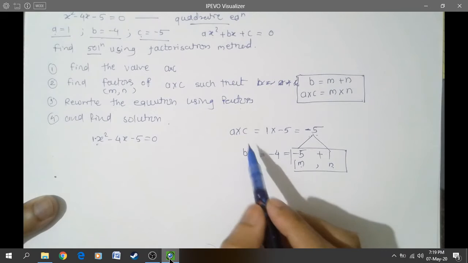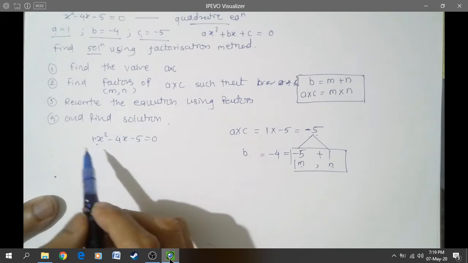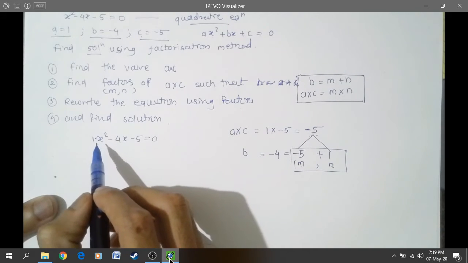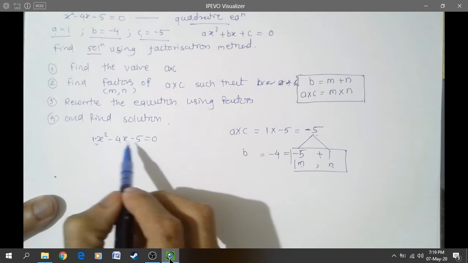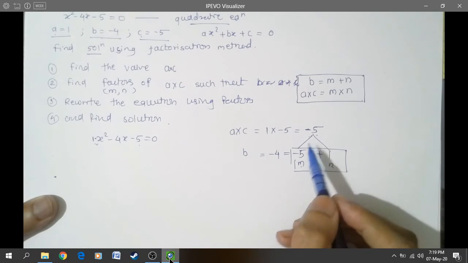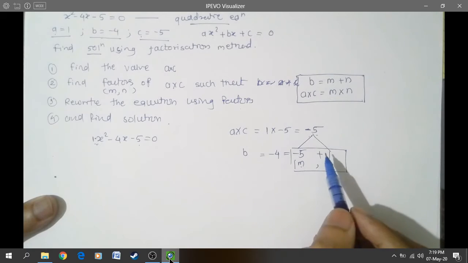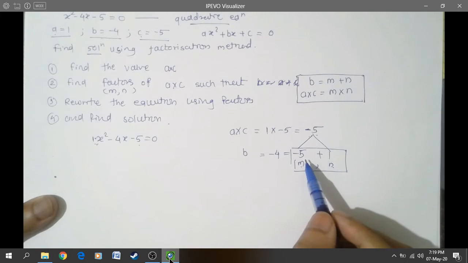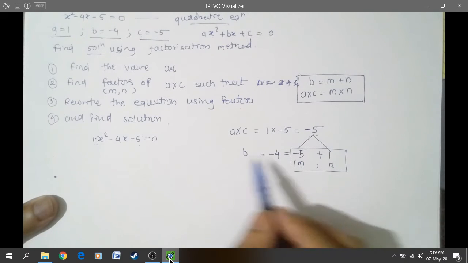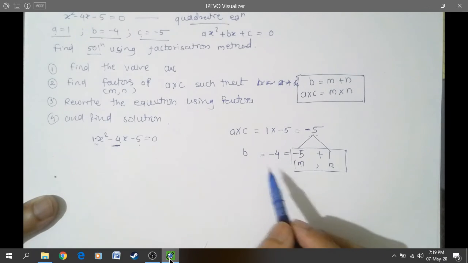Getting it? What we are doing is a simple thing. We are just finding the value a into c, which is minus 5. Then we are factoring it, and finding such a factor which has the addition b, which is minus 4.